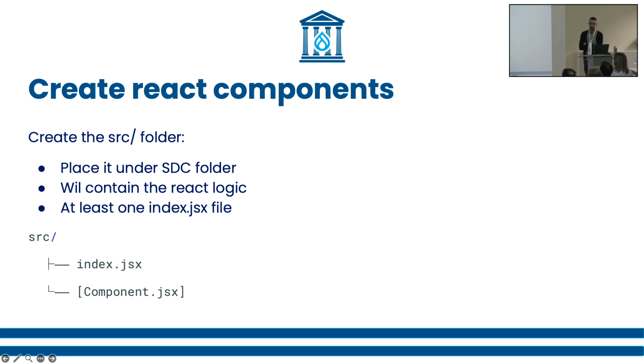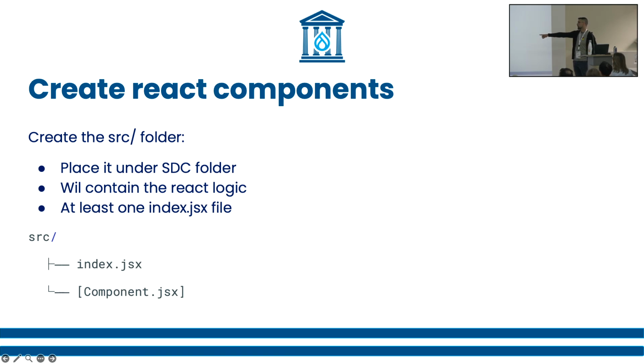Moving on, we can create the src folder inside each of our single directory components, and it will host our React code. Inside the src folder, we add the component-related files, so the index.jsx and the component JSX file.